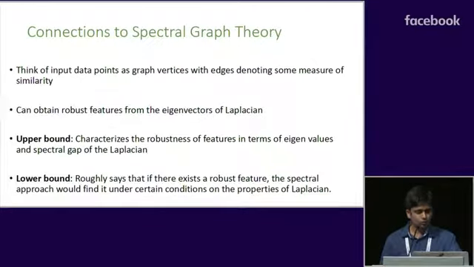We also show a lower bound that roughly says that if there exists a robust feature, the spectral approach would find it under certain conditions on the properties of the Laplacian. We also perform some experiments in which we try to test the efficacy of these features for the downstream task of classification and get some promising results.